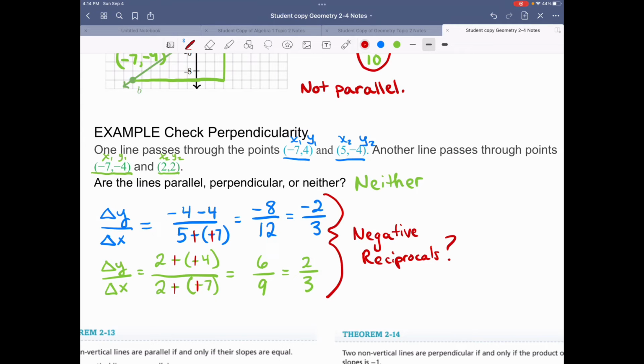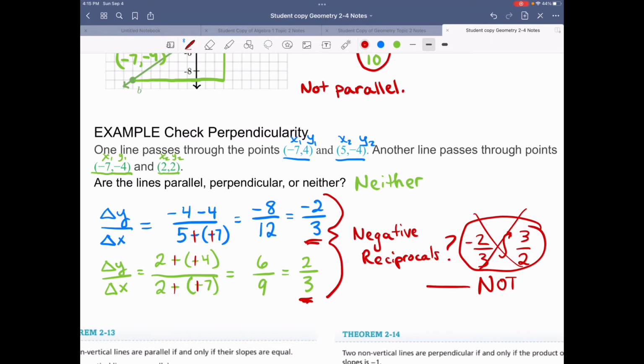But what we would really need to have is for the green line to be 3/2, because to be a negative reciprocal of negative 2/3, it would have to be 3/2. So they are not, because it was negative 2/3 and 2/3. Not negative reciprocals.